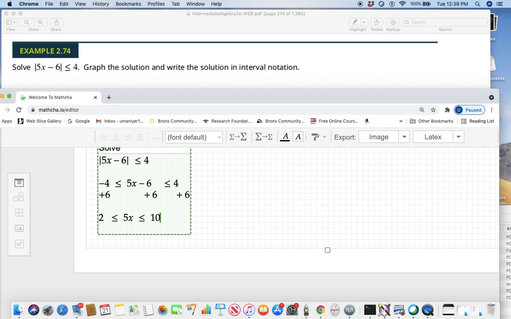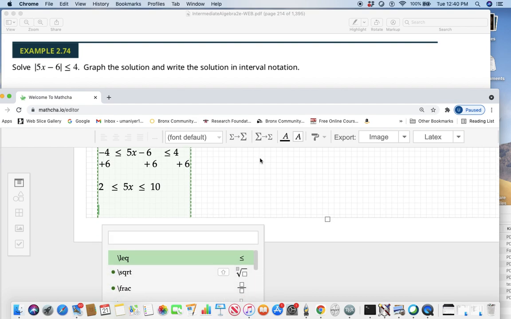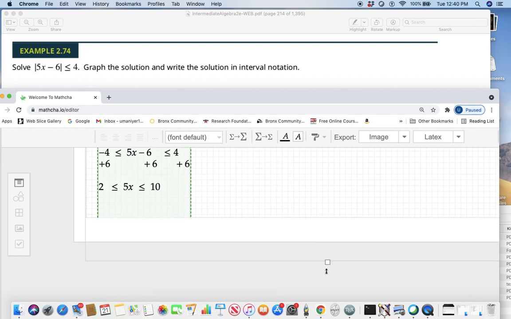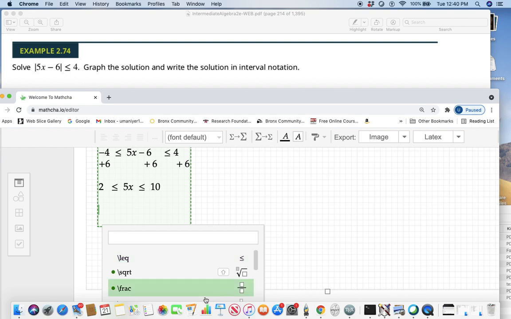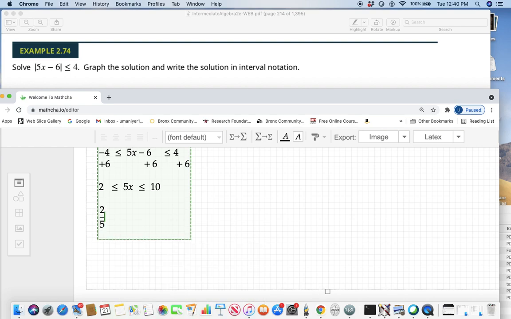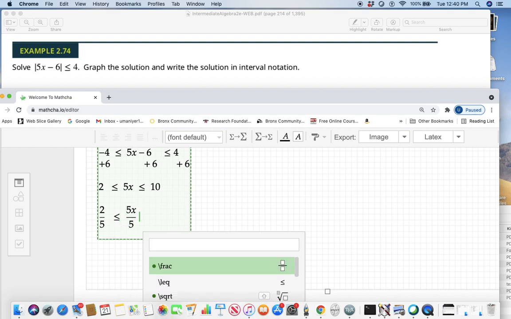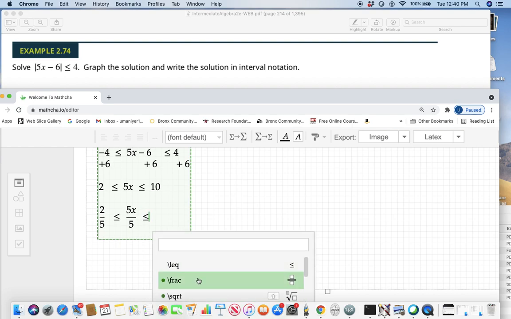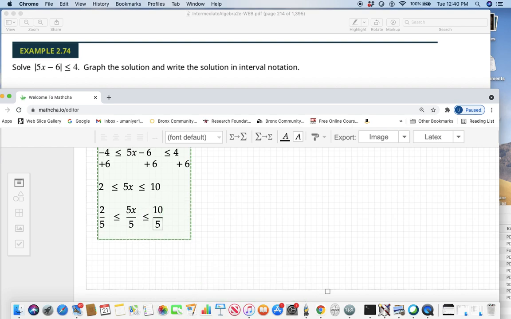You're almost done. You want to solve for x, divide by 5. But when you divide throughout, remember, 5 is a positive number. So no change in inequality. You have fraction 2 over 5 less than or equal to 5x over 5 less than or equal to 10 over 5.